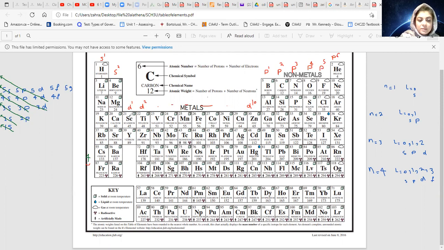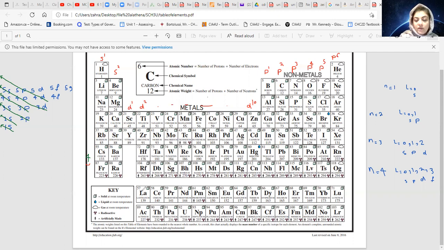For the d, for example, this one, since it's 1, 2, 3, 4, it's the fourth period, we have to say 3d1. This is the period minus 1 that you have here. And here is going to be what? Since it's 1, 2, 3, 4, 5, the fifth period, let me say 4d1. It's going to be 4d2, and so on.